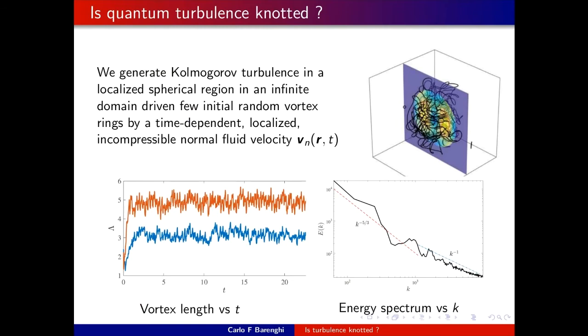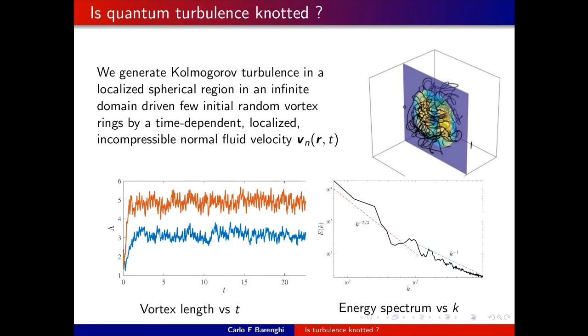Then it becomes, as expected, a k minus 1 spectrum, which I don't want to explain. So everything seems to be very consistent. In terms of the properties of the turbulence, it agrees with the experiment, and the tools which we have used have been tested in many other contexts. And also the ideas which we use to create the state of turbulence are feasible in experiments.